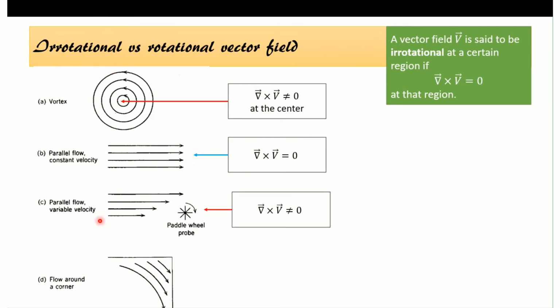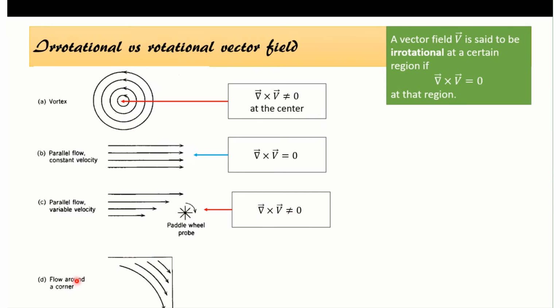Now in example C, they use the same example as B, but then they put in a paddle, basically you are going to rotate it. When you rotate it, you have a possibility of the vector field here going faster than the one at the bottom. Although the flow is going in the same direction, the magnitude is not the same. So here you have a tendency to rotate, and when you have a tendency to rotate, the curl of the vector is not equal to 0.